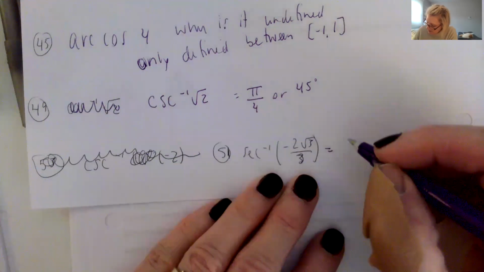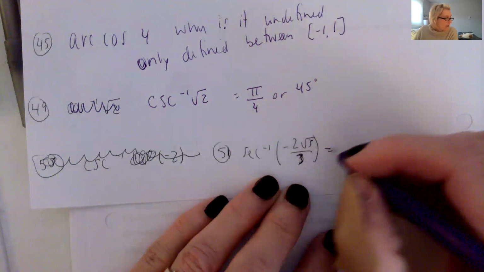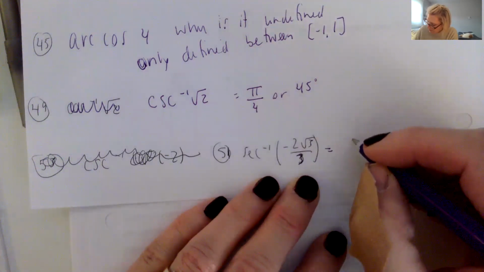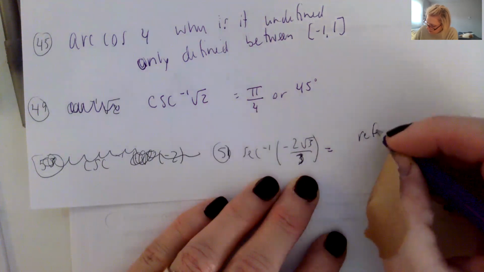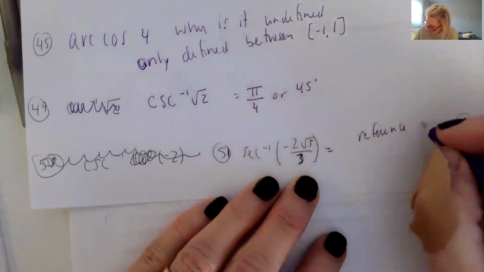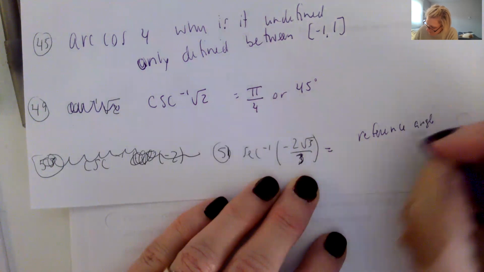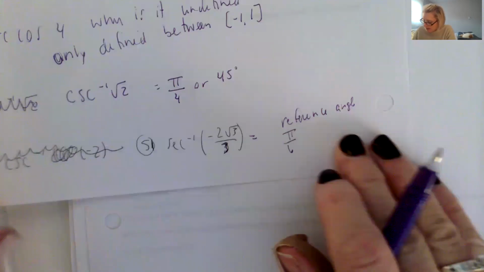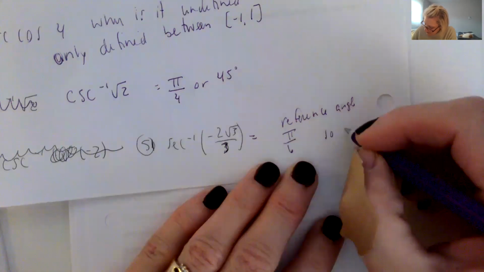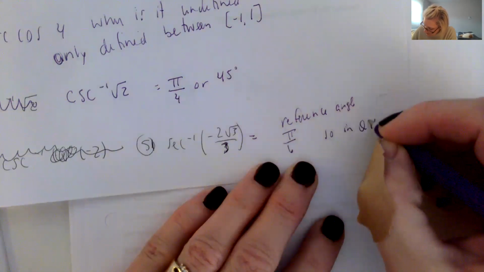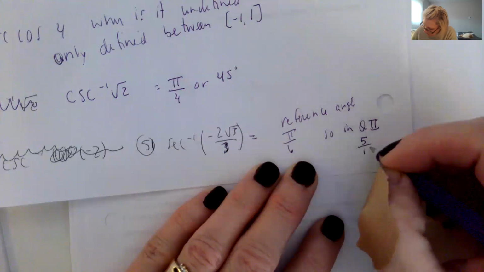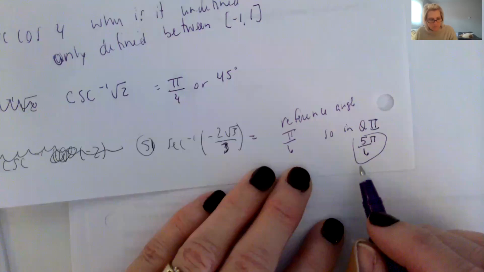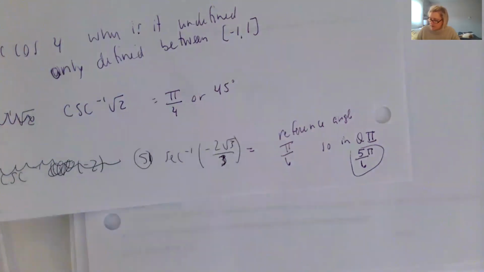So that would be at 5, the reference angle, let's mark that reference angle is pi/6. So that means in quadrant 2, it would be 5 pi/6. Okay, I want to make sure that you understand that.